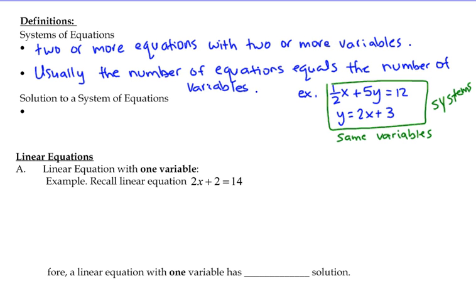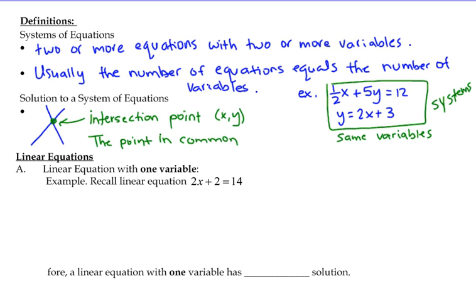And so in a system, if we have two lines, what we're actually solving for when it asks for the solution is the intersection point. It's the x comma y that's on both lines that satisfies both equations. It's the one point that they share in common. The point in common.